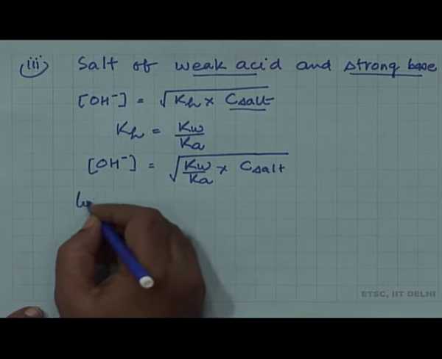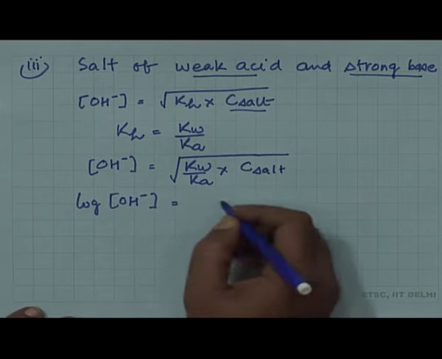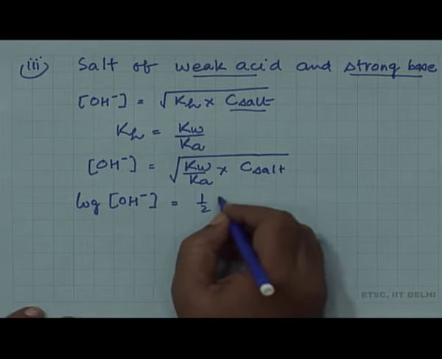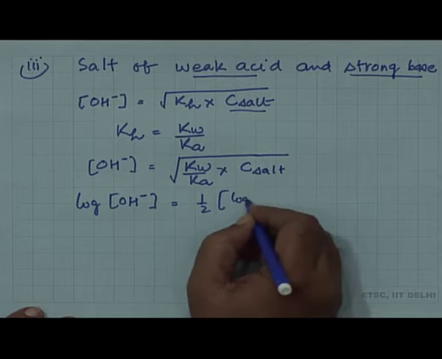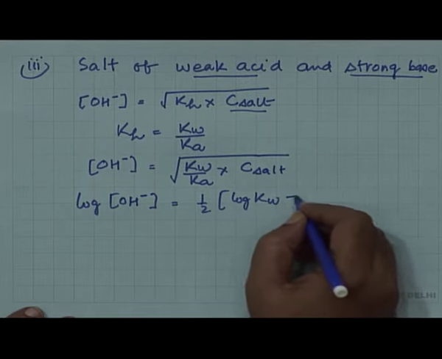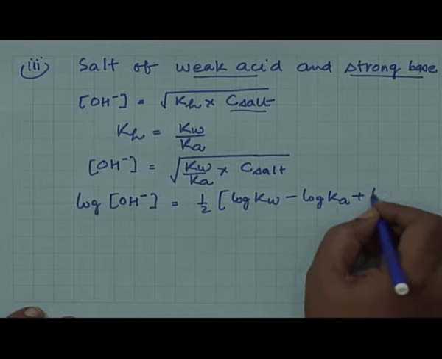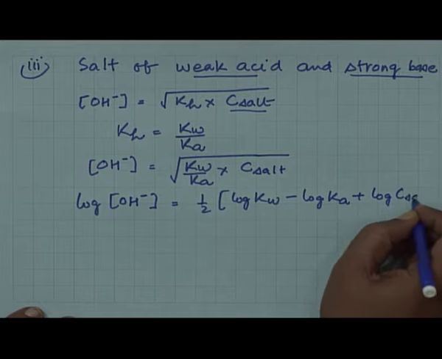If I take logarithm of both sides, you will get half log Kw minus log Ka plus log C salt.